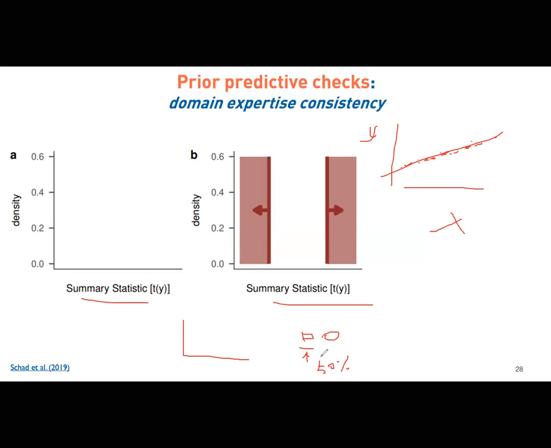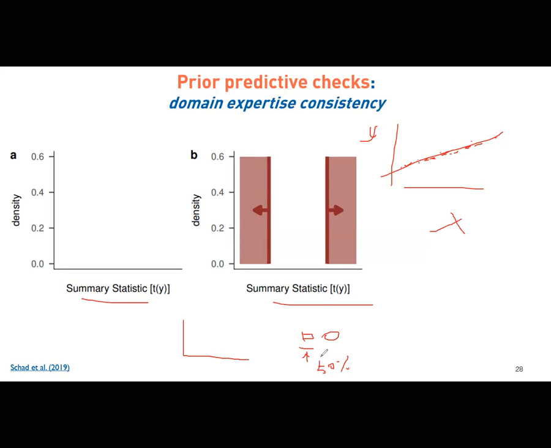So this is the assumption. If we have a prior that generates 100% accuracy, do you believe that? You don't, because this is so far away from chance level. And if you have another prior that generates 0 accuracy, that's also not possible, because how can a model generate none of the choices correct?